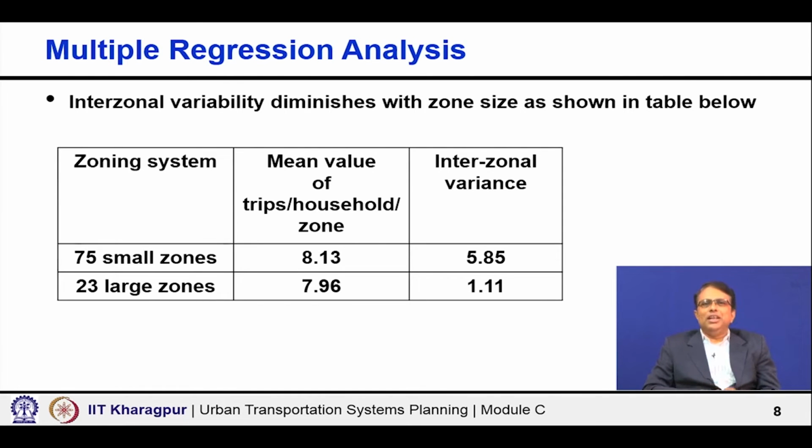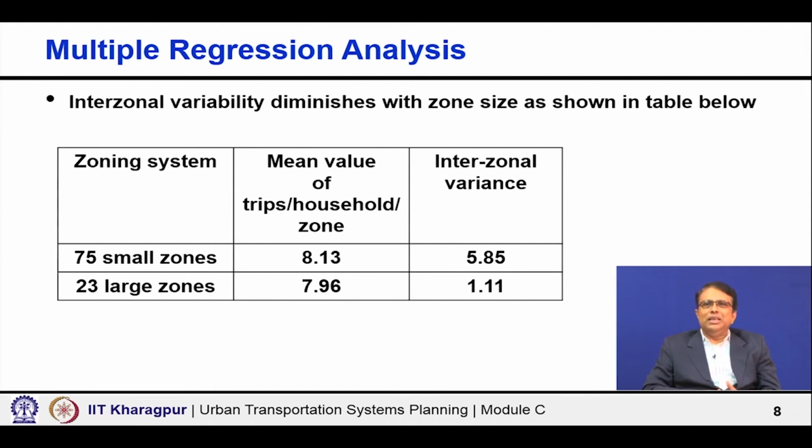In the same study area, when 75 small zones were used, that means the study area was divided into 75 small zones, the mean value of trips per household per zone came out to be 8.13 and the interzonal variance came as high as 5.85.